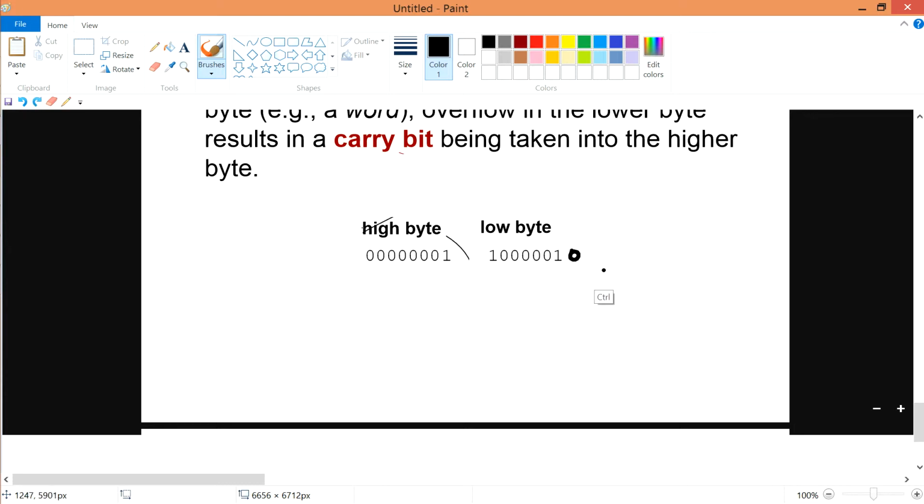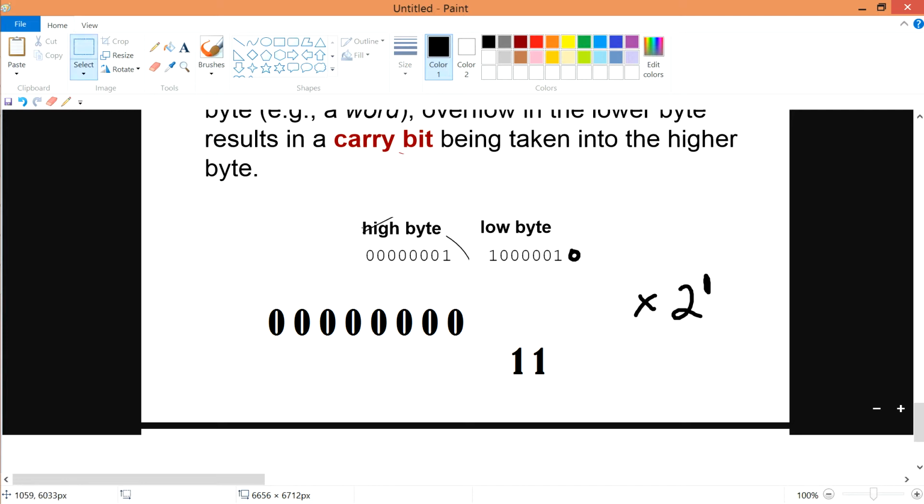Because we multiply by 2 to the power of 1, so 2 to the power of 1 is just a shift. If I multiply by 2 to the power of 2, I actually shift it 2 times. So this is my answer.